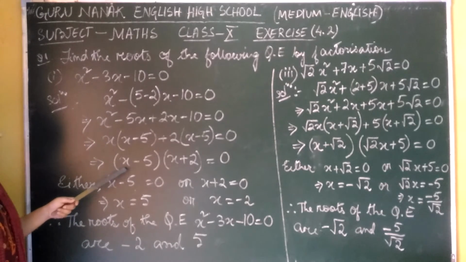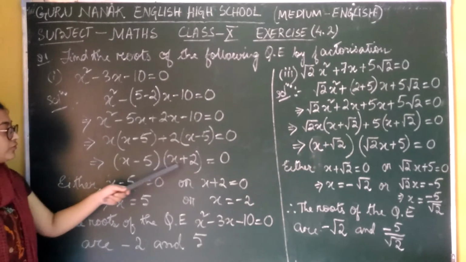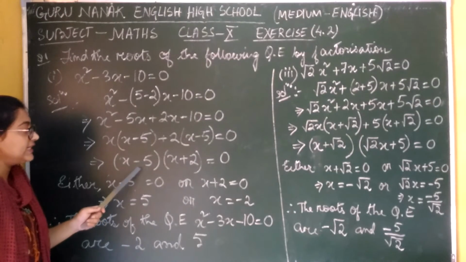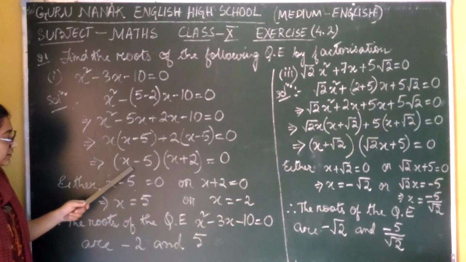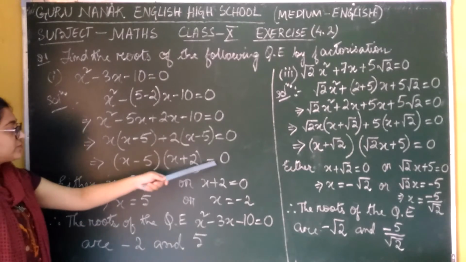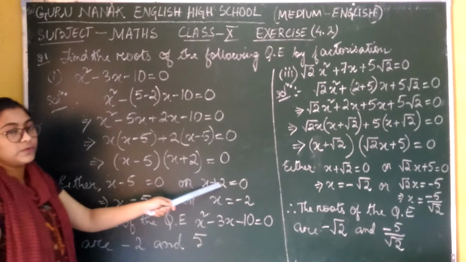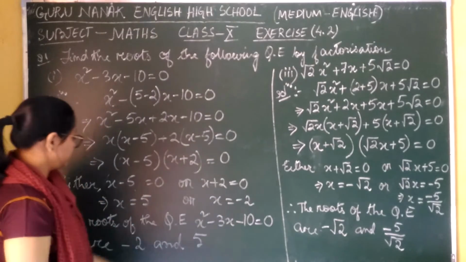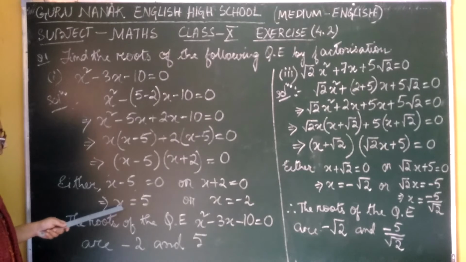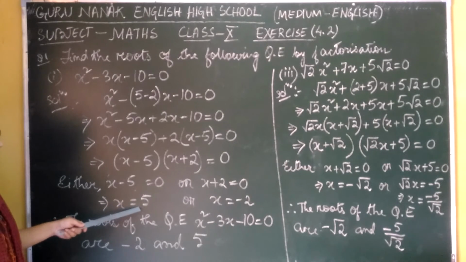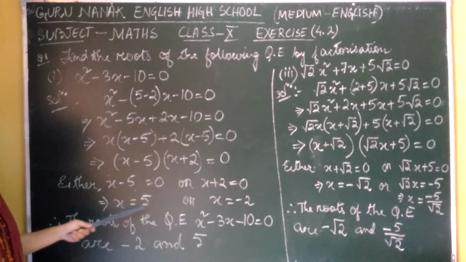Now when we have got the two factors, we will equate each factor to 0. Either x minus 5 equals 0 or x plus 2 equals 0. If we equate the first to 0, we will get x equals 5, because we are taking minus 5 to the right hand side.